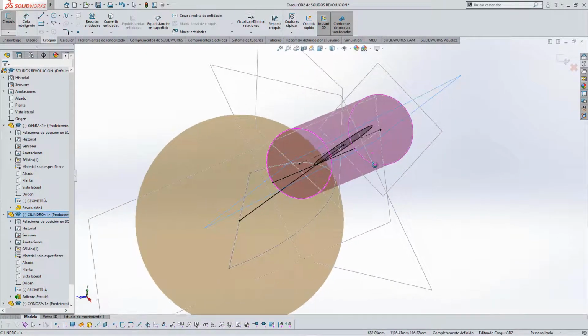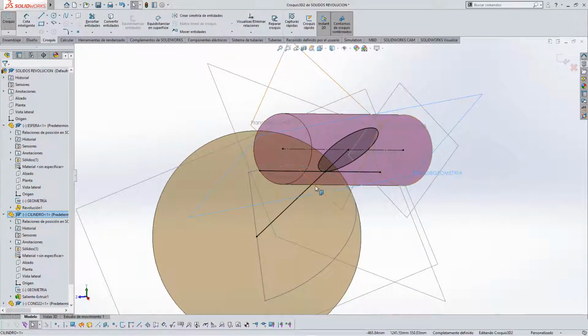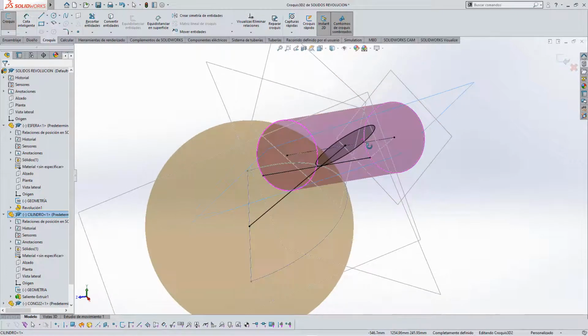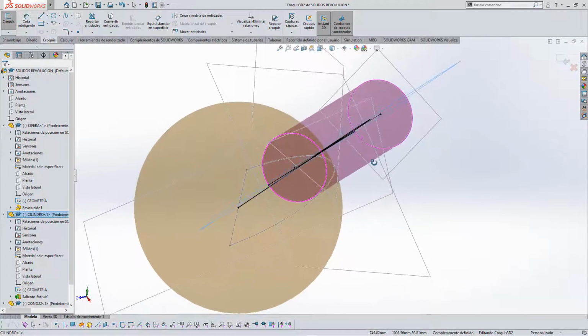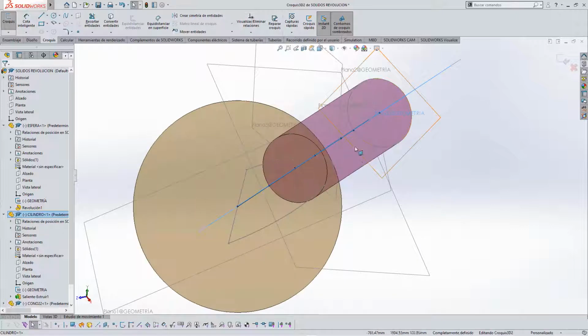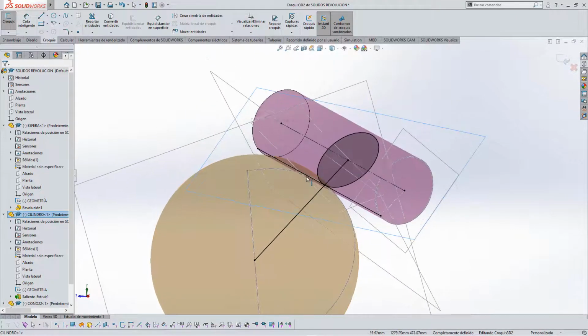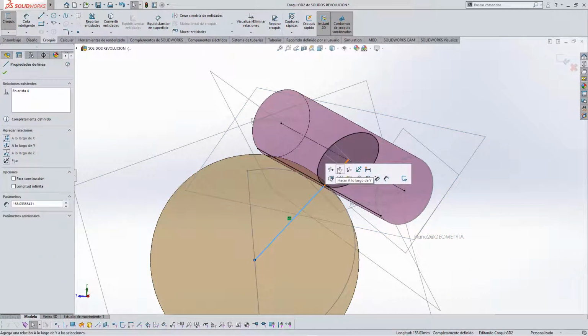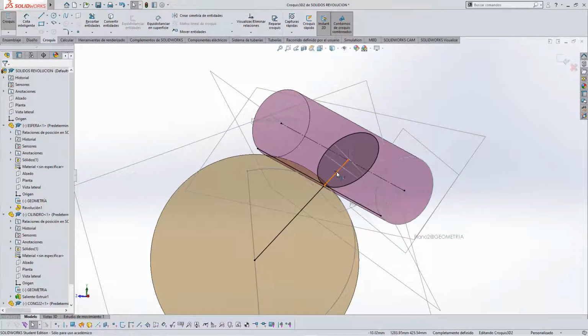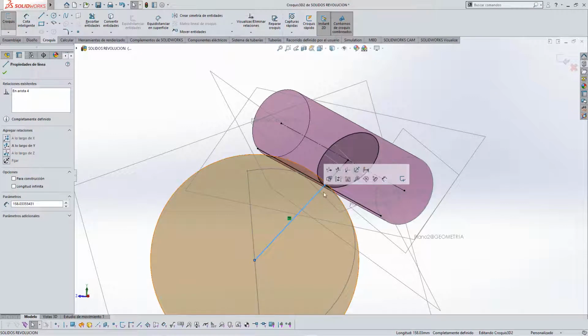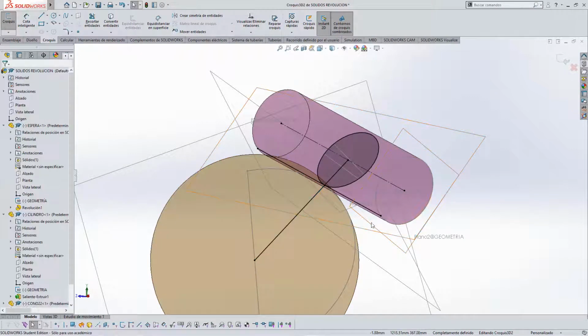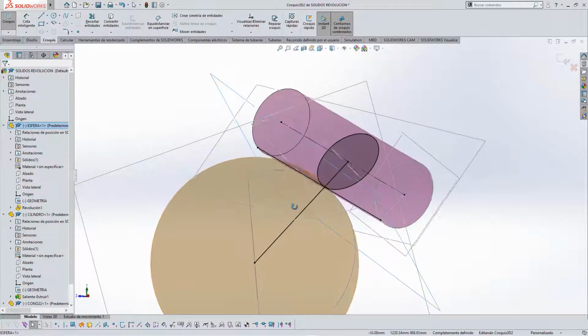If I select now, for example, the plane containing the circle of the inscribed sphere inside the cylinder, we can see, it is in blue now selected, this plane contains both radius of both spheres, both the sphere and the circle of the inscribed sphere in the cylinder, as well as the axis of revolution and the generatrix of the cylinder we had selected.